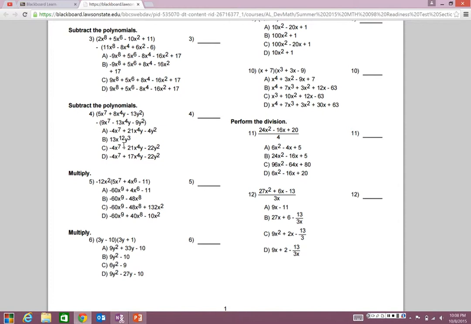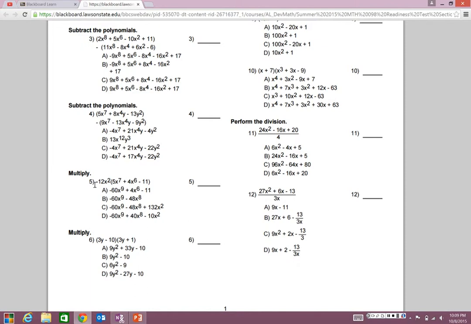So it looks like the answer should be A. Always indicate A on the line. That's what the lines are for. The lines are here for you to put the actual letter of the correct answer. Okay? So make sure you do that. Put the letter there. That'll help the instructors in grading your test.